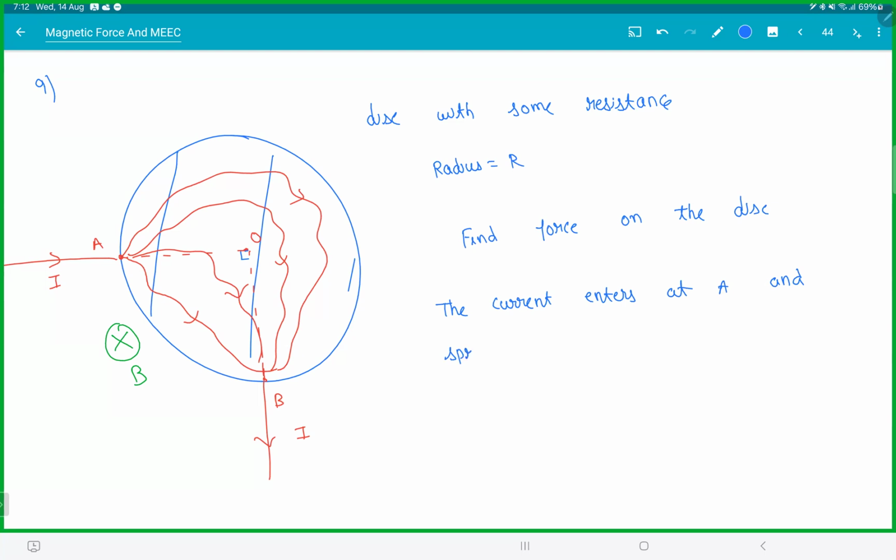It's a non-uniform shape with respect to A and B. Get this, it's an easy one. I could have taken a solid sphere also.